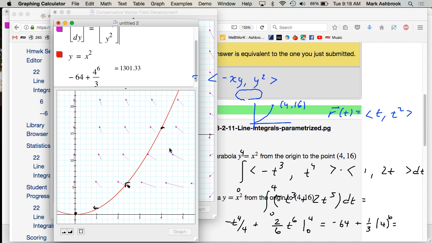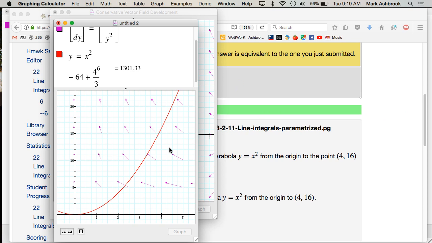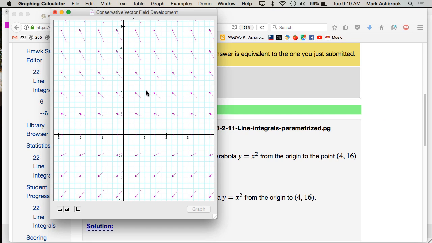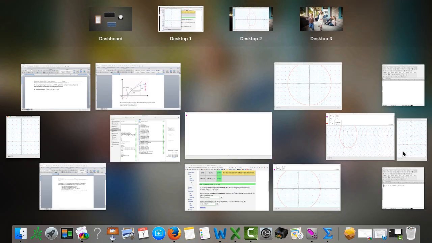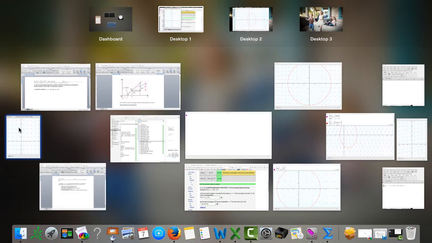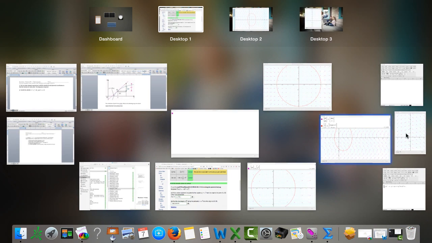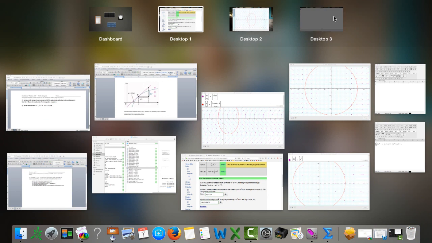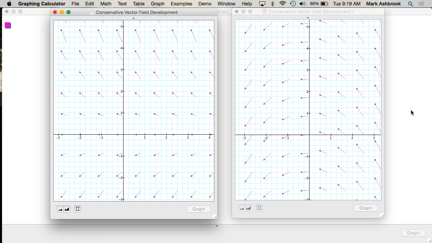Any questions on this example? Okay, so what I want you to do is first of all figure out what these two vector fields are.